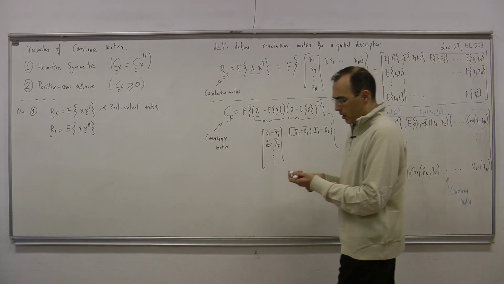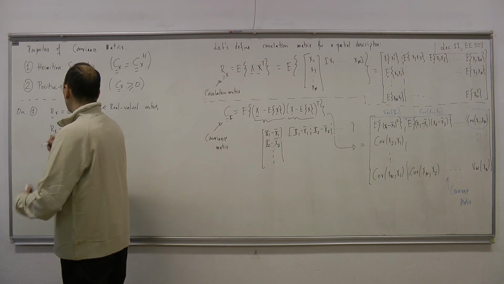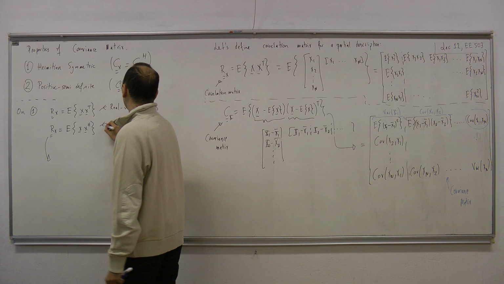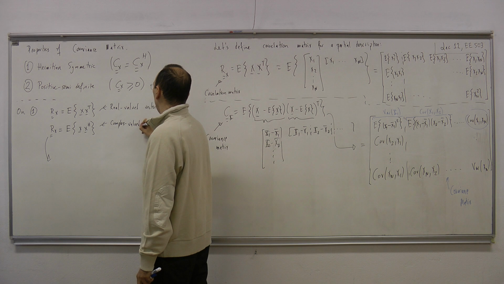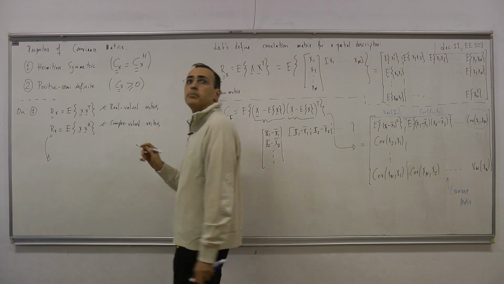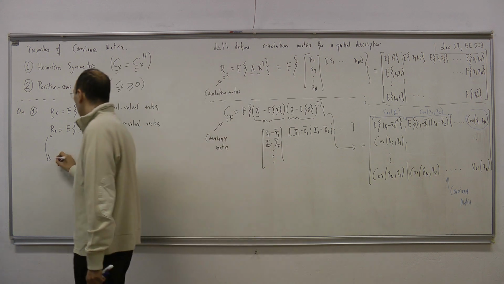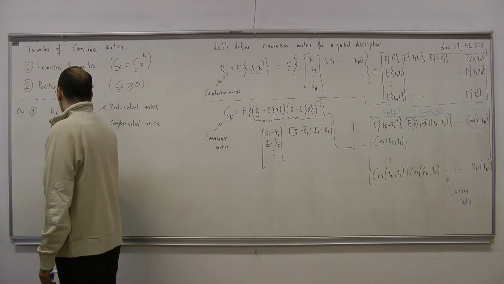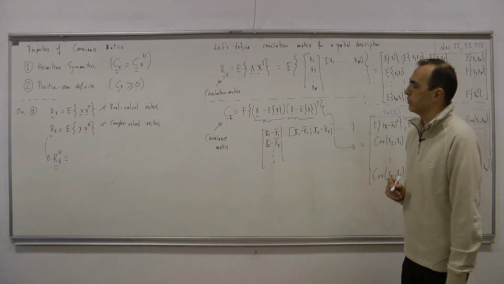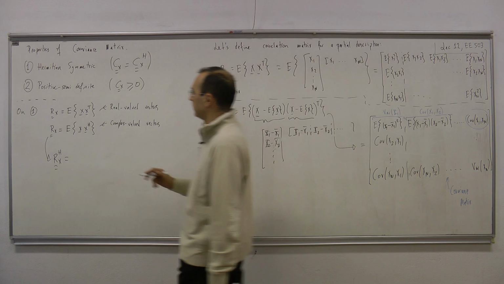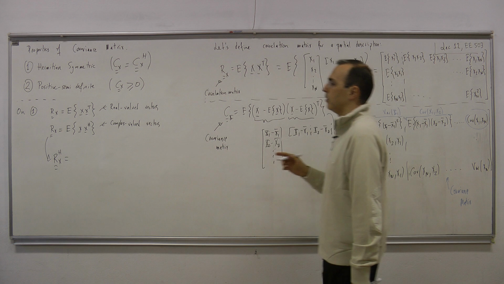Okay. Now how about this? If I take the Hermitian of this, for complex valued vectors, if I have Rx Hermitian, how can I calculate this Hermitian? Now I want to calculate the Hermitian of this matrix.